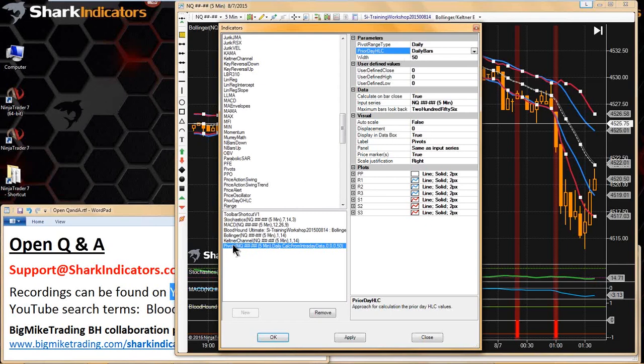In other words, when you're using the pivots indicator inside of BloodHound, using the daily bars doesn't function correctly.